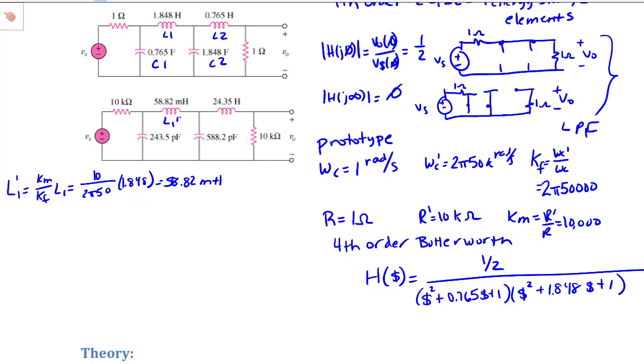L2 prime is equal to Km over Kf L2, which equals 10 over 2 pi 50 times 0.765, which equals 24.35 millihenry.